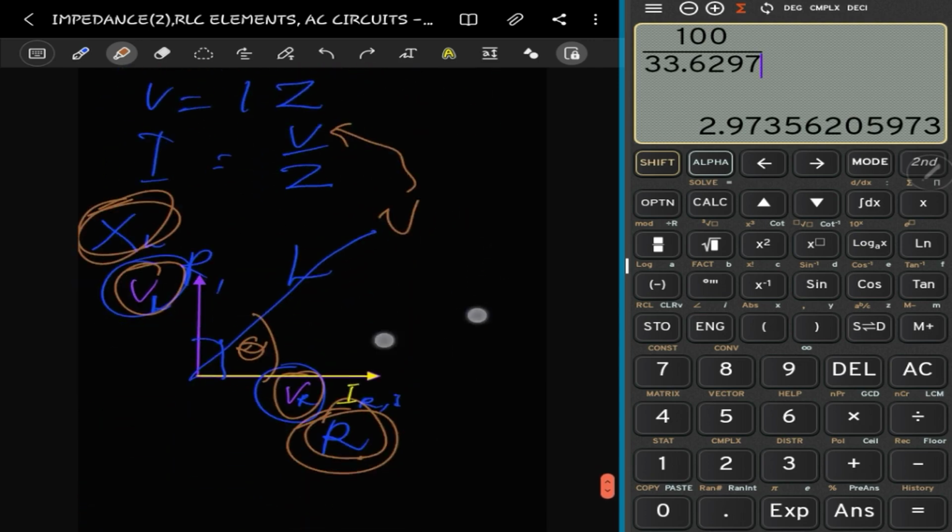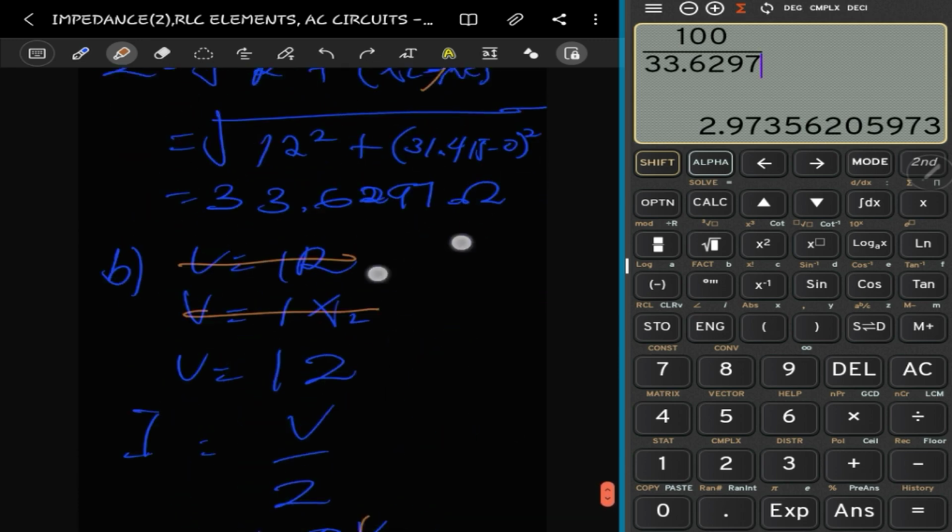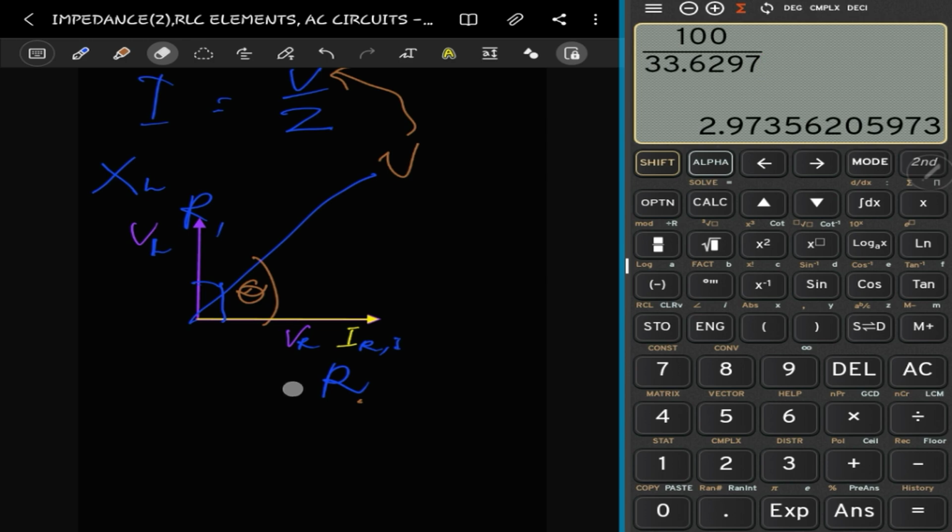So the phase shift. We know clearly that if we are using phasors to represent the whole circuit, it will be something like this. Let's clean this up so we see what's happening. This is how it appears.